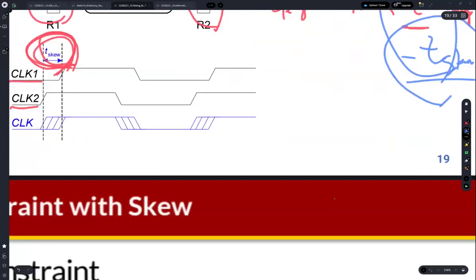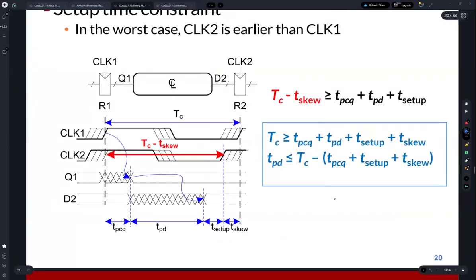So this is the effect, the effective clock period when we consider the clock skew. It's the worst case, as I mentioned. Because of clock skew, the TC clock period is actually reduced, right? And this is the delay considering the setup time constraint.